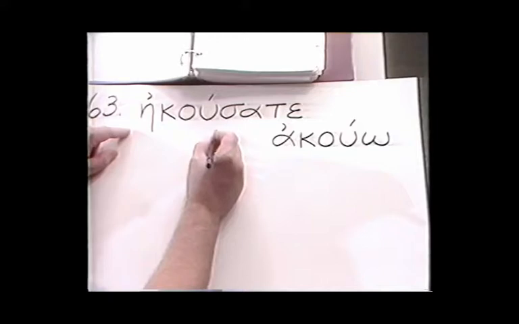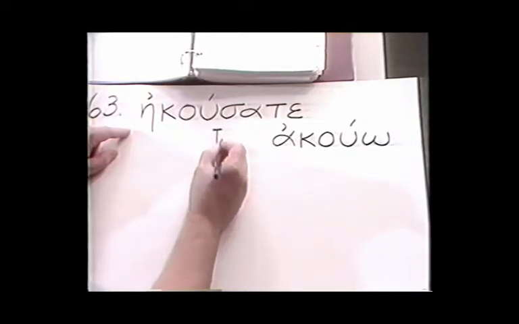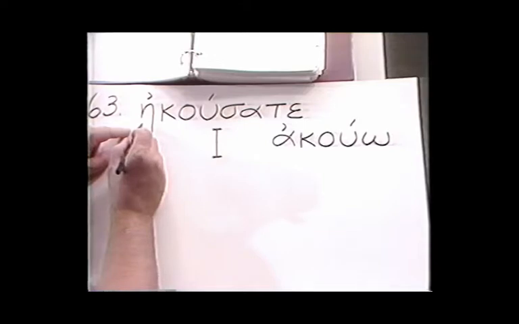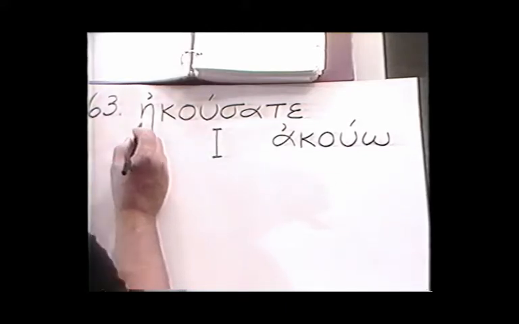The first thing we write down is indicative. Why? Because the augment shows past time, and only in the indicative is time an element. And that limits us to one of three tenses which can show past time: the imperfect, the aorist, or the pluperfect. Forget pluperfect.